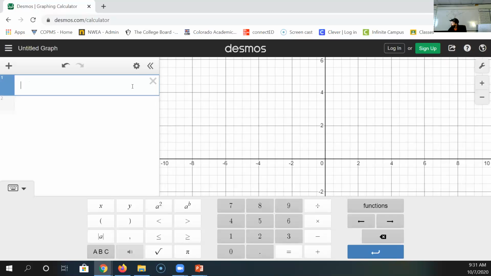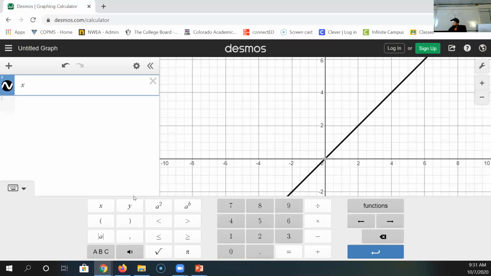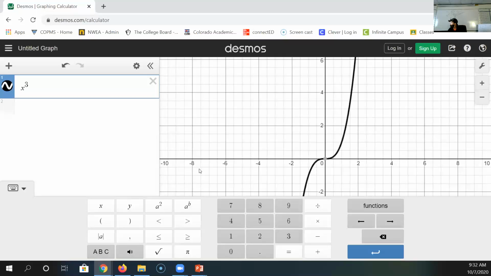And the cool thing about Desmos is we can just type it in. So if I wanted x squared, I just do that. A to the B allows you to plug in a different exponent. So if you're working with cubed, you can do it using your number pad, or you can use this to click to make 3 for x cubed.